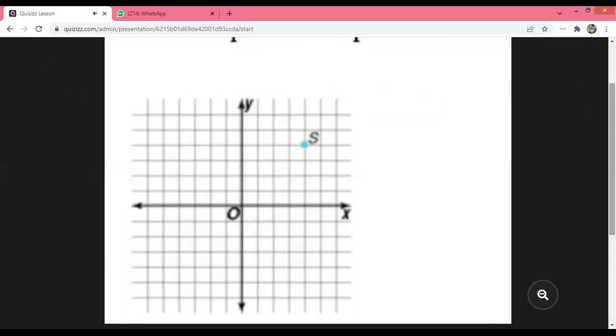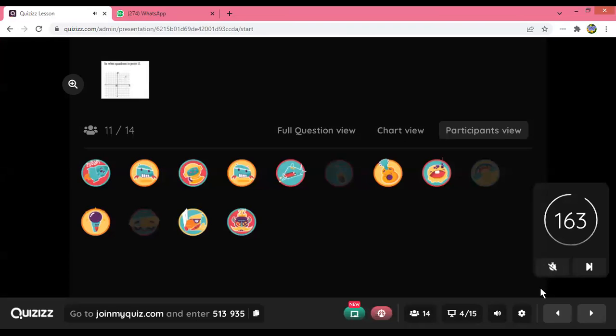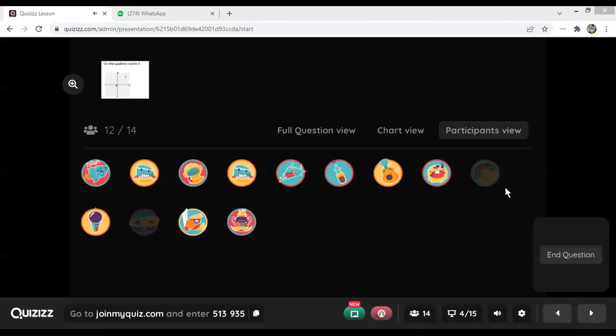Identify. Most of you have submitted, 2 of you remaining, and I'll end the question in 10 seconds. Quickly answer this. Which is the quadrant for the point S?